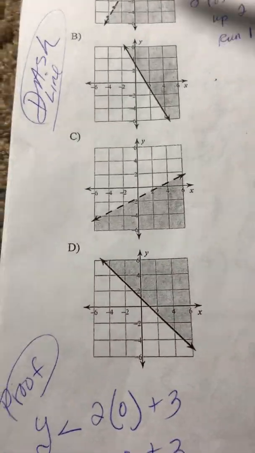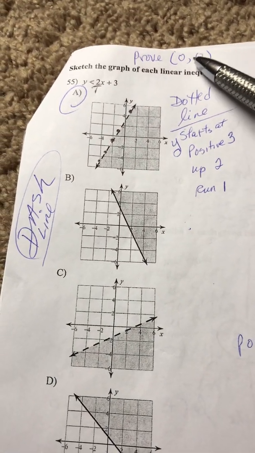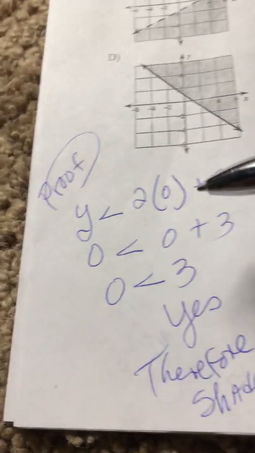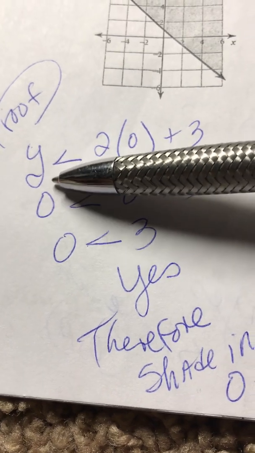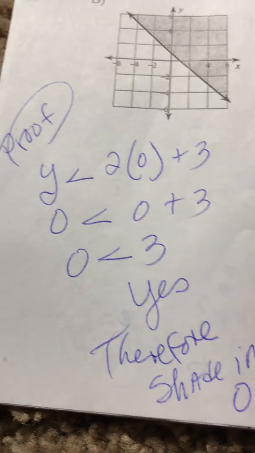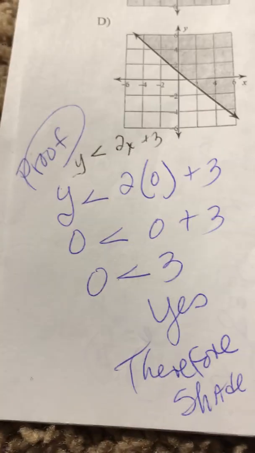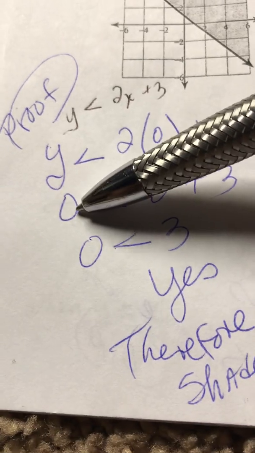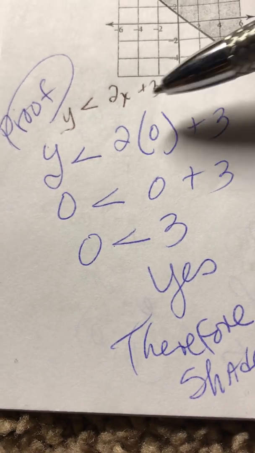to prove it, x is 0 and y is 0. Do you shade in 0, 0? You have to solve it like this. This is your proof. You set the problem: y is less than 2x plus 3. You set y at 0, you set x at 0, plus 3.